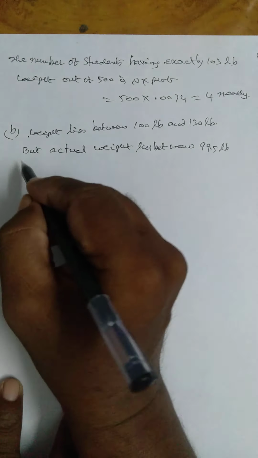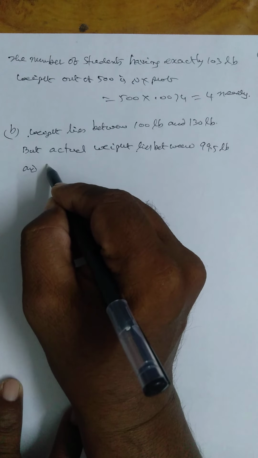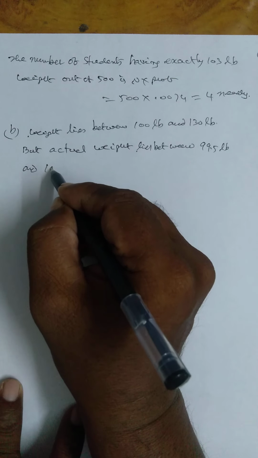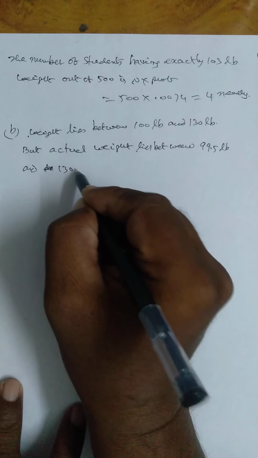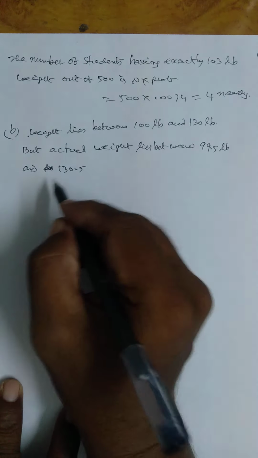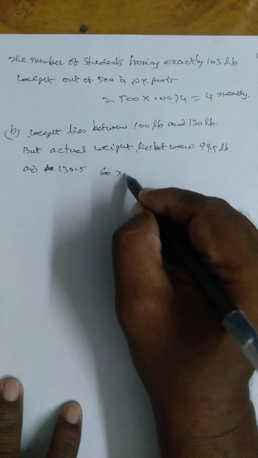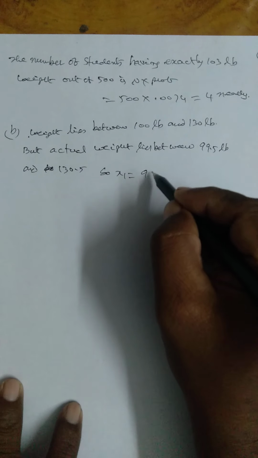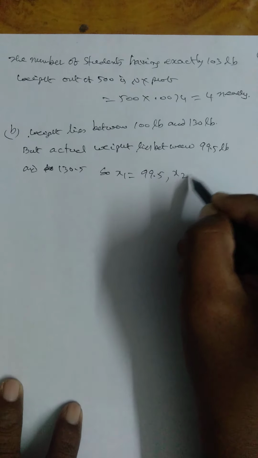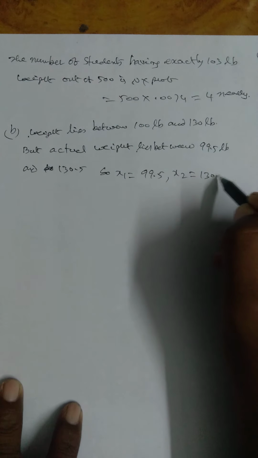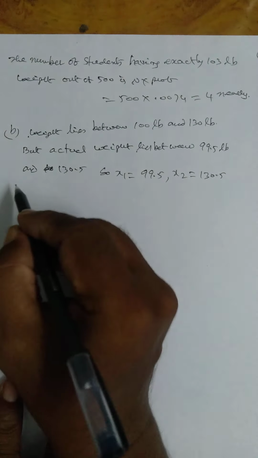99.5 lb and 130.5 lb. So x1 is equal to 99.5, x2 is equal to 130.5.